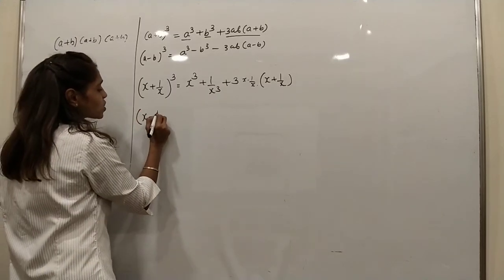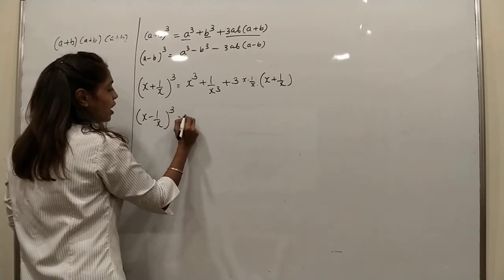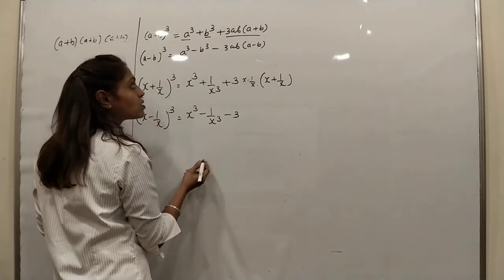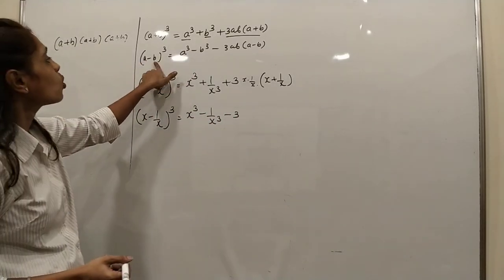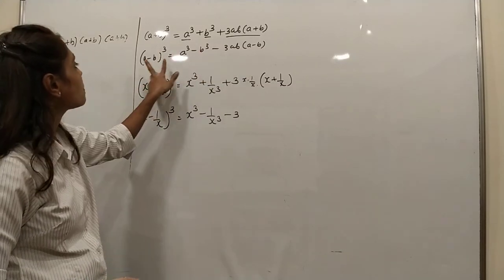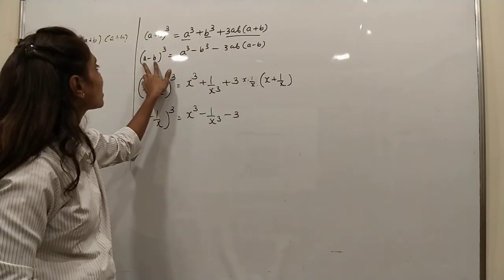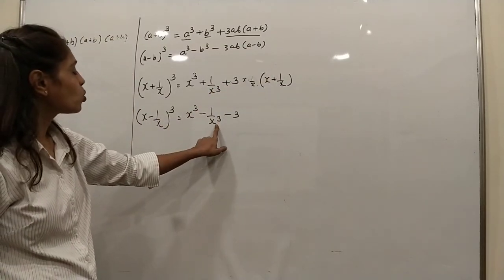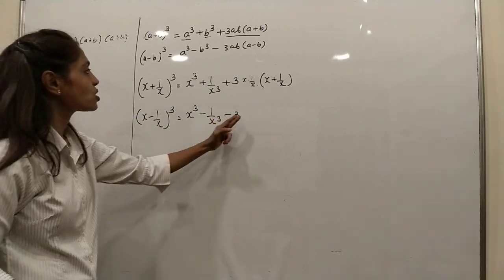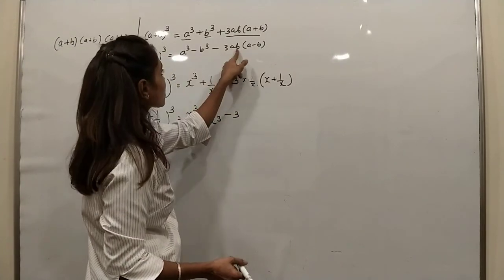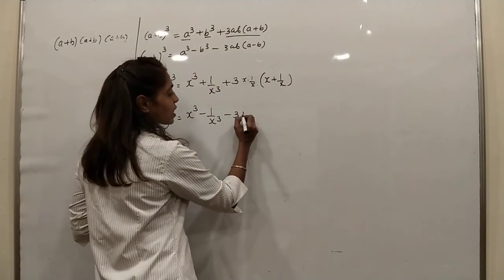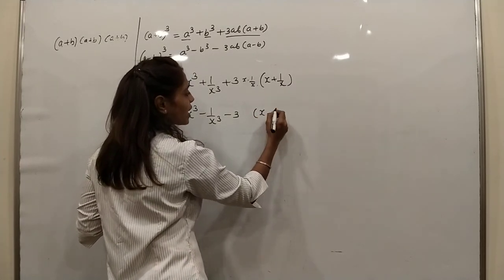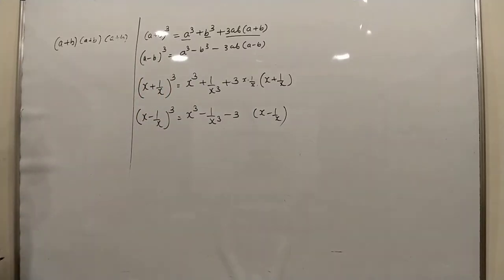Same as x minus 1 upon x the whole cube equals x cube minus 1 upon x cube minus 3, with the multiplication of a and b and then the same bracket. So here x into 1 upon x is cancelled, and the same bracket itself remains, x minus 1 upon x.